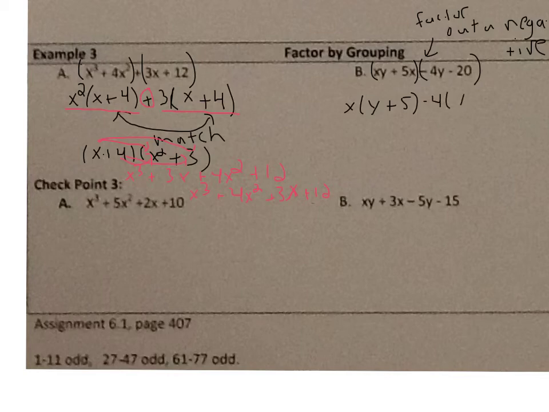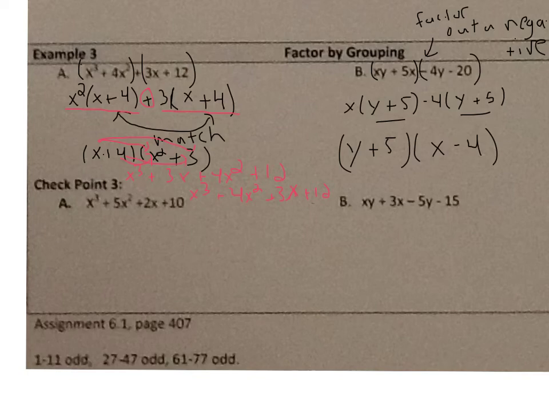And that gives us y, because we're taking negative 4 divided by negative 4 and getting a positive 1. Basically it cancels out and we have just the variable left, y. And now we take negative 20 and divide by negative 4. And that gives us positive 5, because a negative divided by a negative is a positive. We see that we got our y plus 5's matching. So we got a y plus 5 times x minus 4.